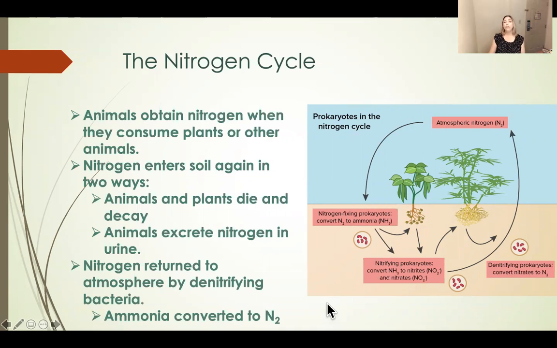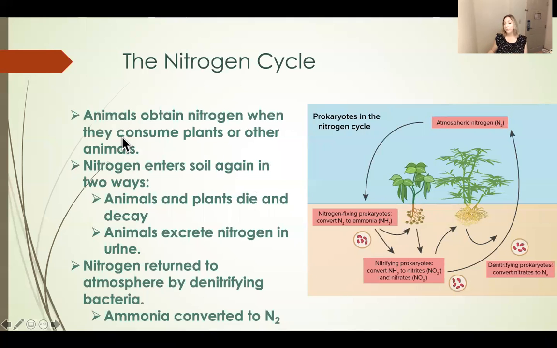Okay. Now, like I told you, nitrogen is a really important atom or element in DNA. Also, a ton of proteins. And proteins pretty much make your body function. So animals obtain nitrogen by eating plants or by eating animals that eat plants, right?